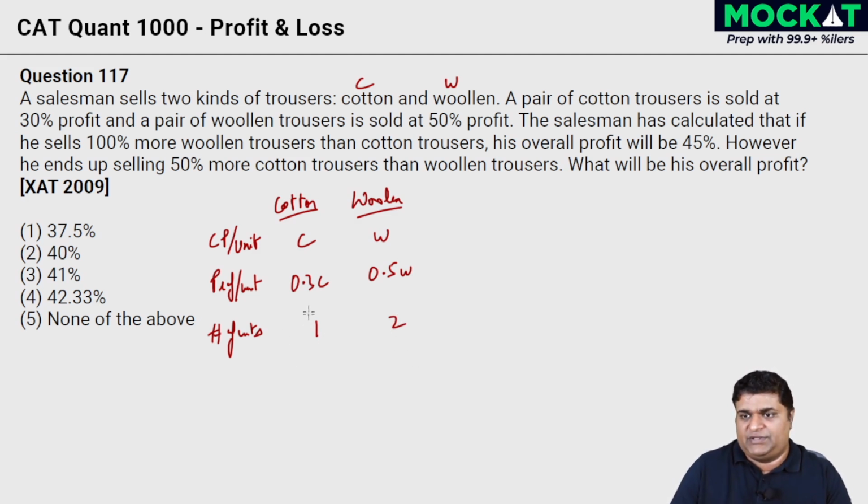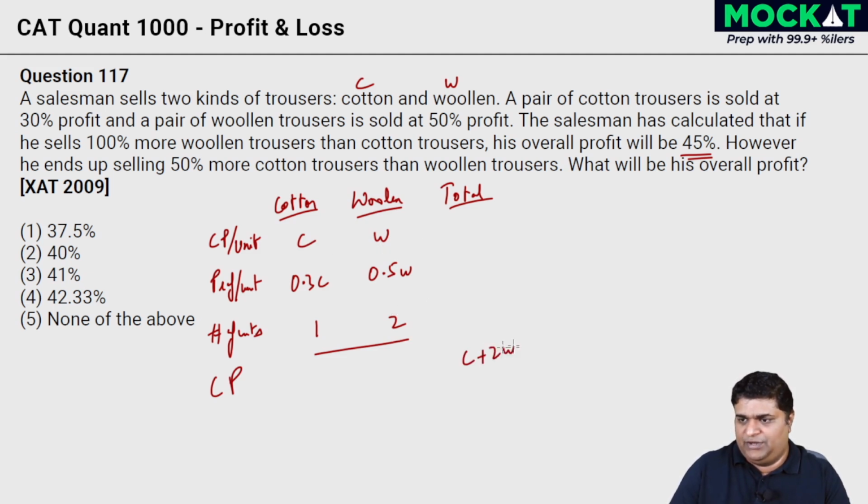So if the number of units is 1 and 2, and the overall profit will be 45%, what is the total CP going to be? Total CP over here is going to be 1C plus 2W.